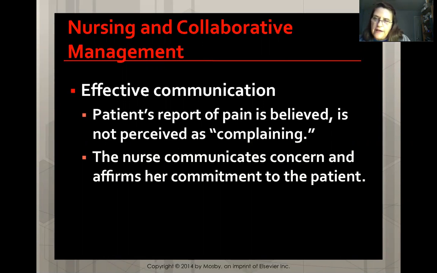And I have to add here that this is not necessarily a plan that is achieved in an acute care setting. This is something that we may set up in an acute care setting with the knowledge that it will play out over a period of time.